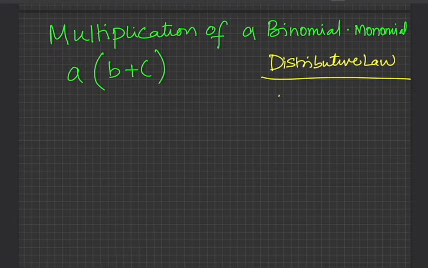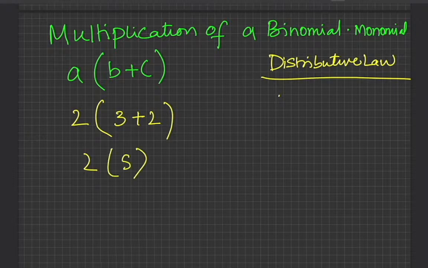So one way to do that is, let's say I take an example. I have 2 times, let's say, 3 plus 2. So you use your BODMAS, and then you say, simplify what is there within the parentheses or brackets. So you probably do 3 plus 2 is 5. So 2 times 5 is equal to 10. But another way of doing this is the distributive law.